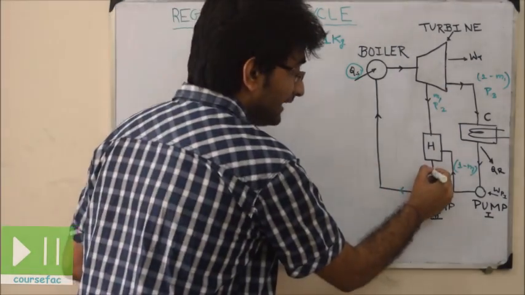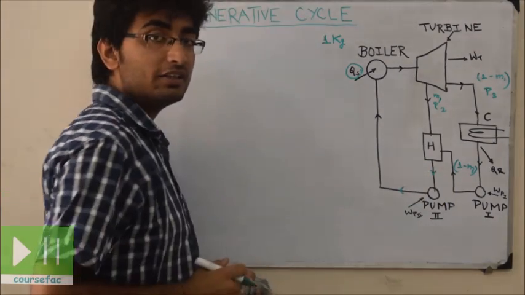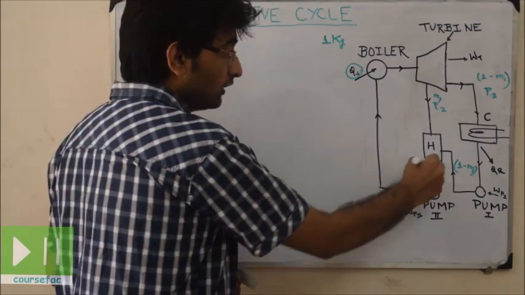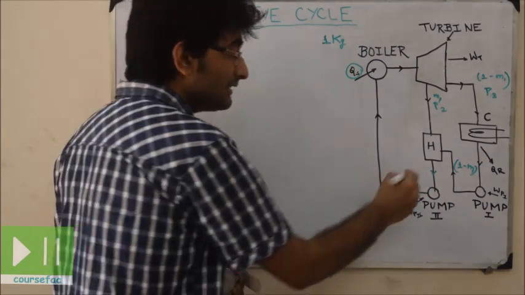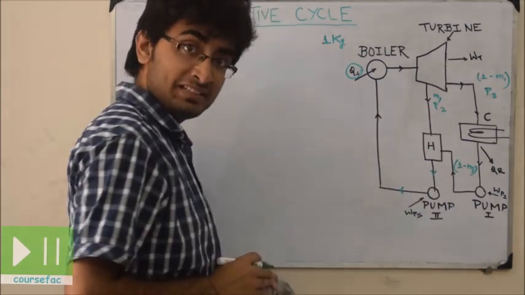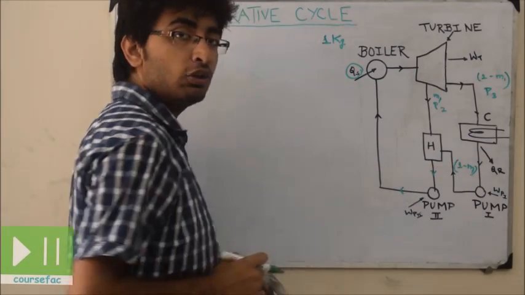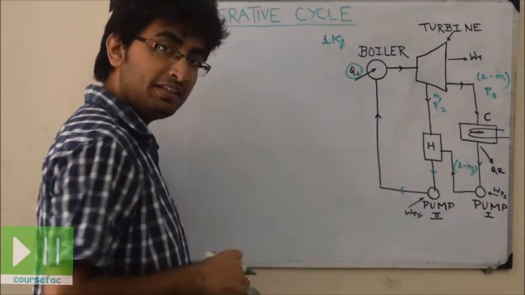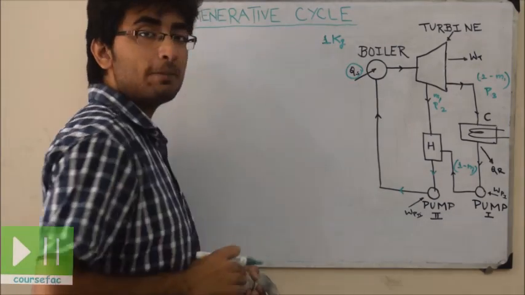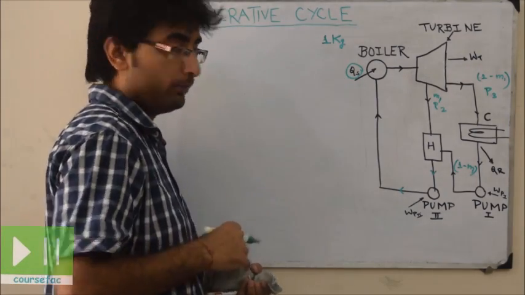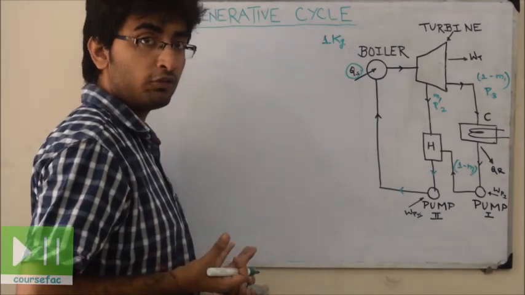Now, what comes out of the heat exchanger is saturated liquid. So, the saturated liquid is now again pumped back to the boiler. The steam that loses its heat gives it to the water, so the water coming out of the heat exchanger has a certain amount of heat. So, we will be supplying less heat now because the water already has a certain amount of heat.